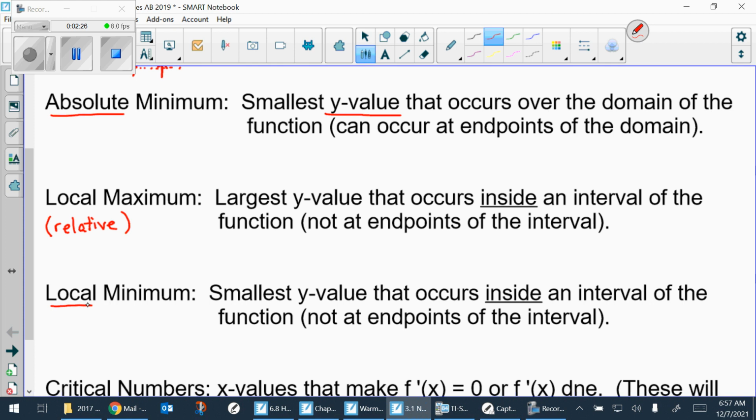And the relative or local maximum, well, that's the largest y value, but it has to occur inside the interval. It cannot happen at the endpoints of the interval. Local minimum, smallest y value, inside of the interval. So there we would be talking about something like from 0 to 5, but we're not going to include 0 and 5.